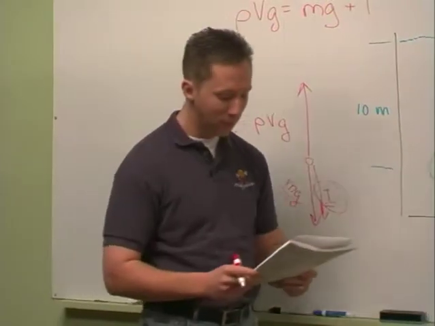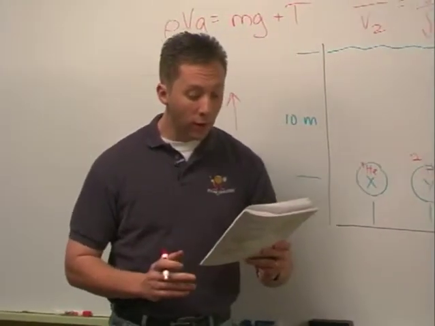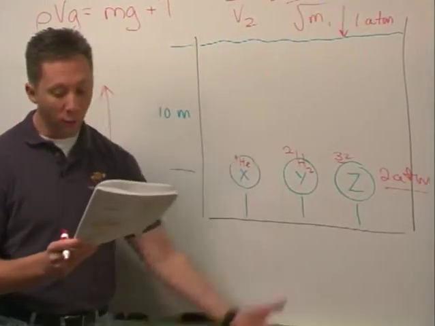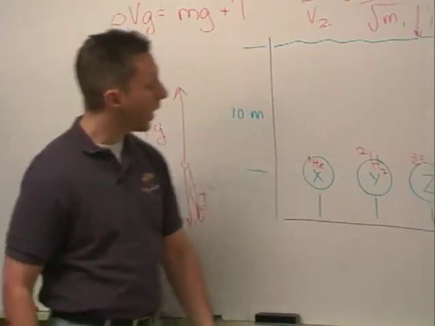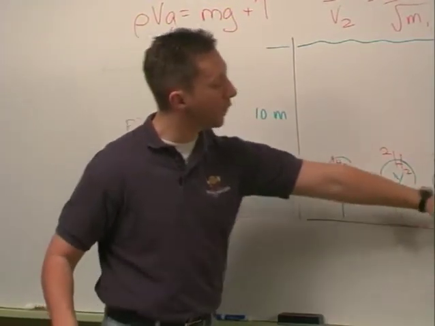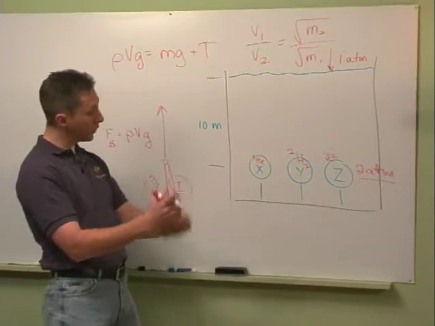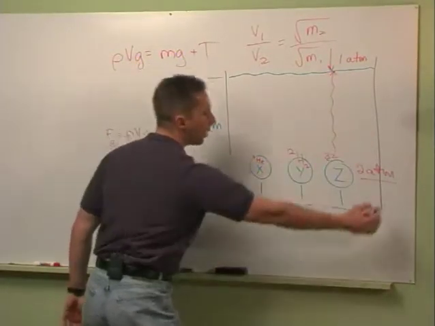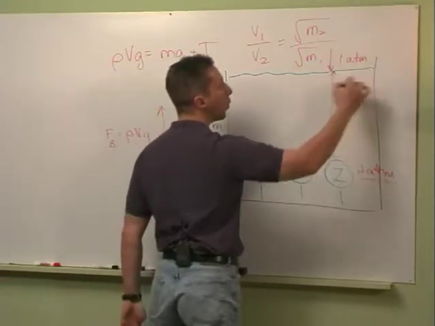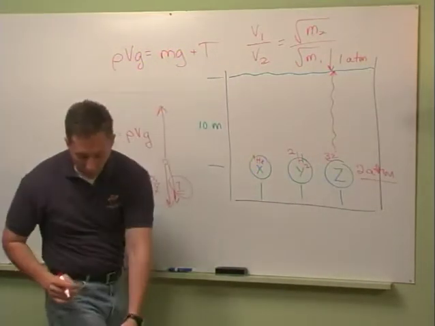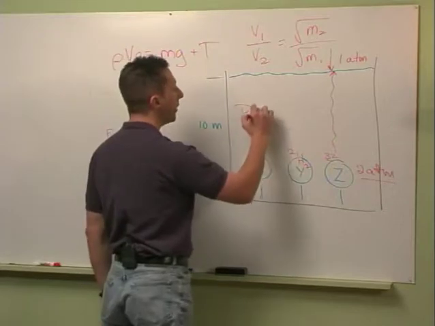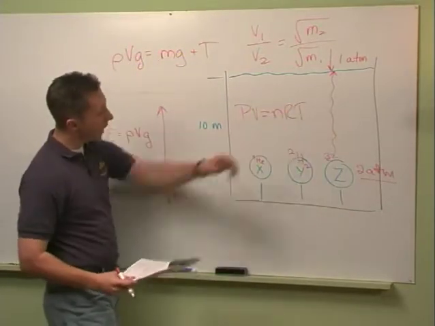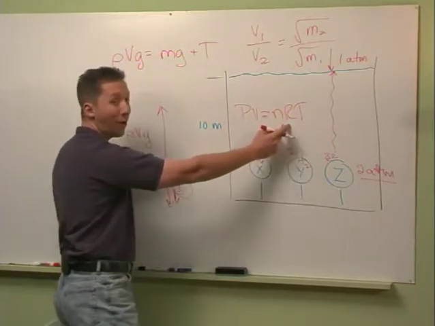Great, thanks. 44. If balloon Z, which again is at 2 atmospheres pressure, were to float to the top, its volume would. Okay, so here's balloon Z filled with 2 atmospheres. The pressure within balloon Z is 2 atmospheres. If it were allowed to float to the top, now it's no longer under 2 atmospheres of pressure, it's only under 1 atmosphere of pressure. So if we look at what happens there, PV equals nRT, from our ideal gas law, we'll assume the temperature and R certainly remain constant.